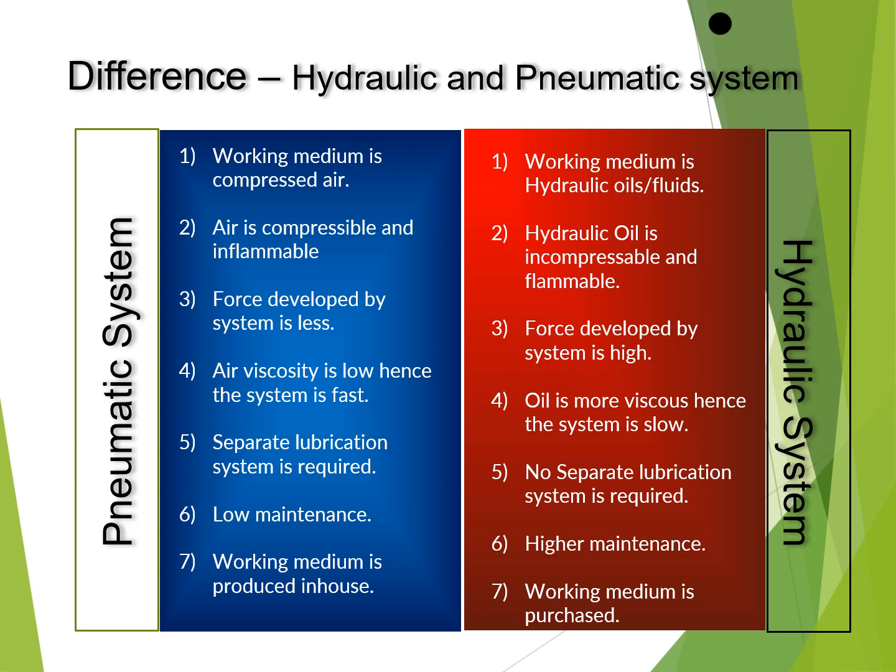In a pneumatic system, the force developed by the system is less. In a hydraulic system, the force developed is high. The air viscosity is low, hence the system is very fast, so air travels fast, whereas the oil is more viscous, hence the system is slow.